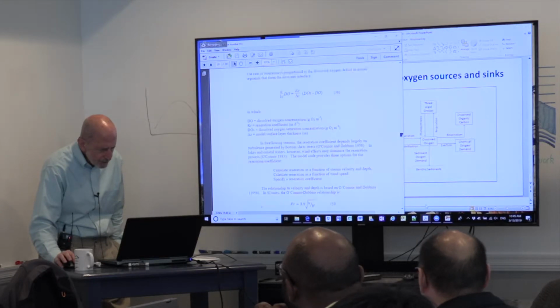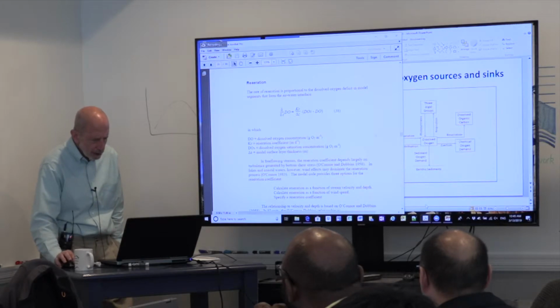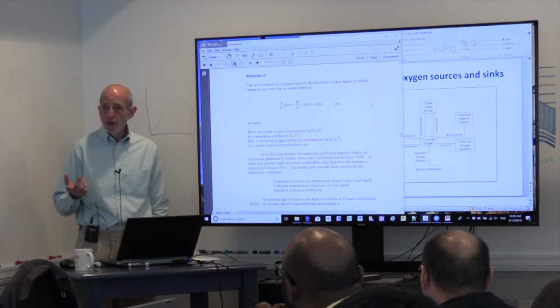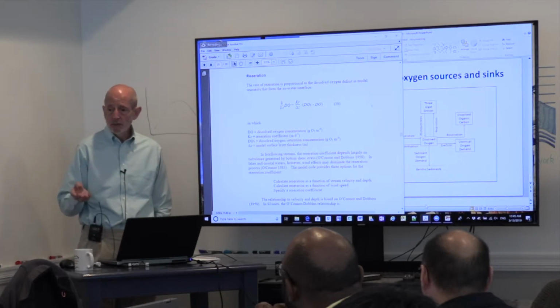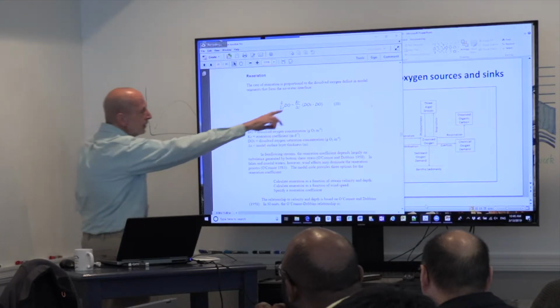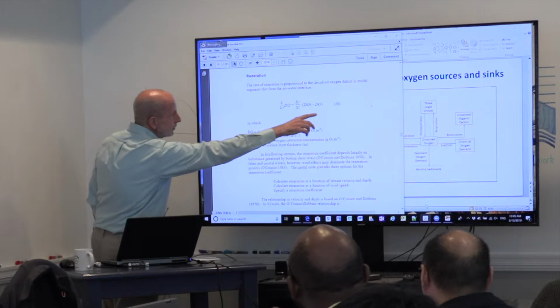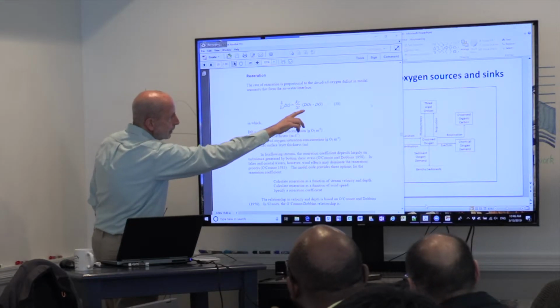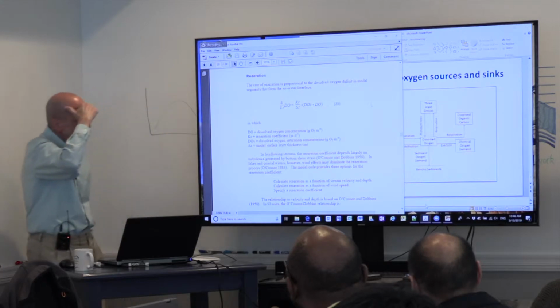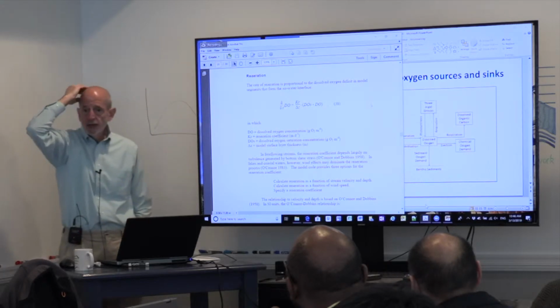I think the one point I'll point out, just a novelty, if you will, of ICM, and you'll see this if you look at the code or the input variables. Reaeration, just writing it out, is proportional to a difference, dissolved oxygen saturation minus the actual dissolved oxygen.